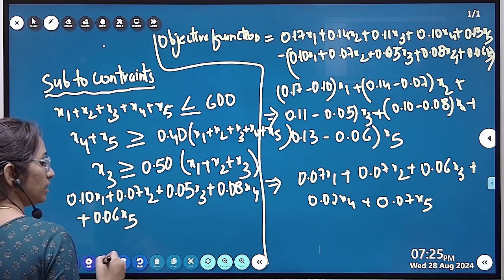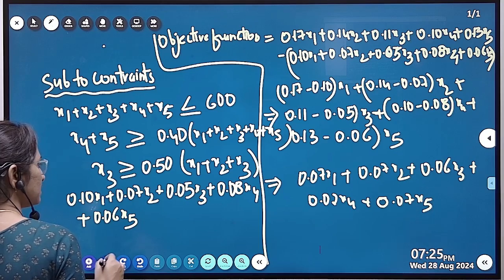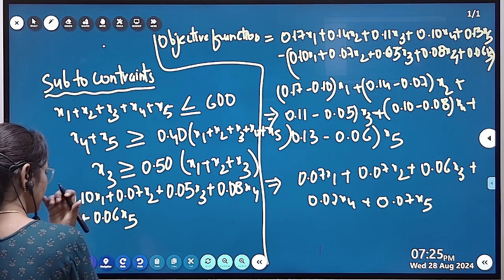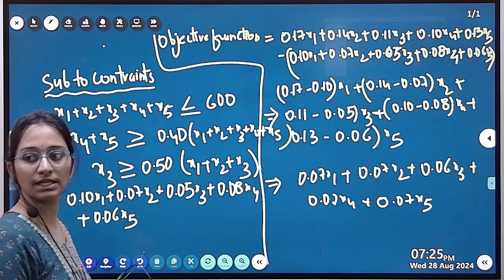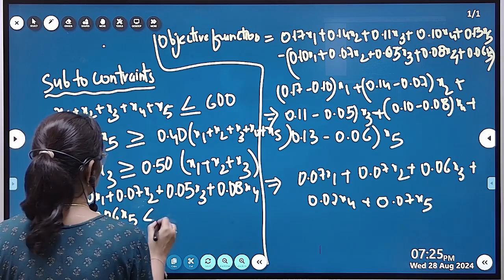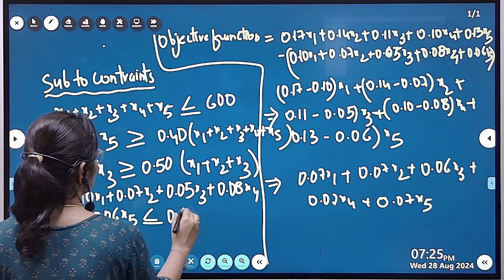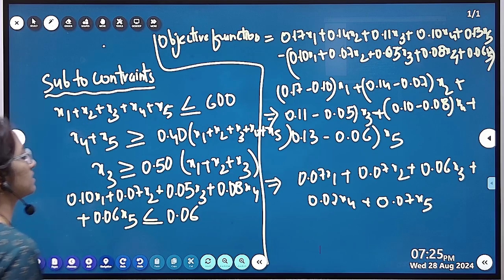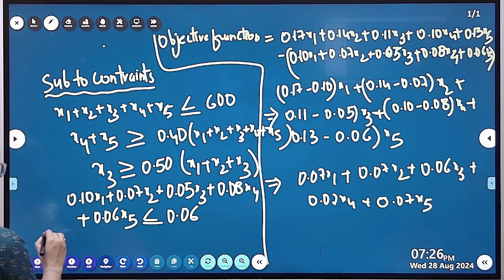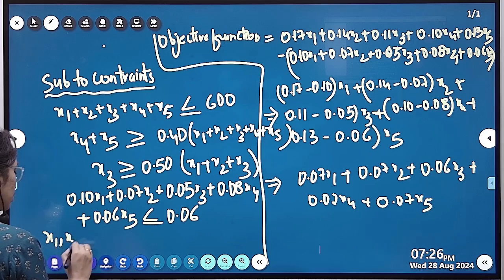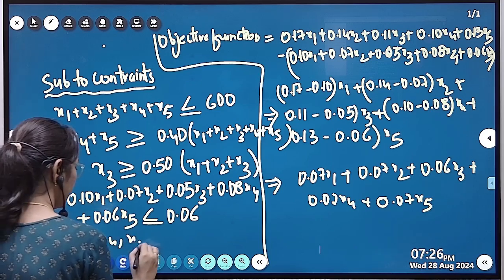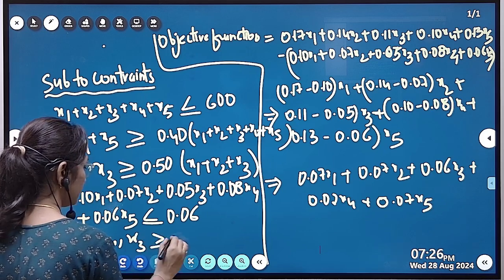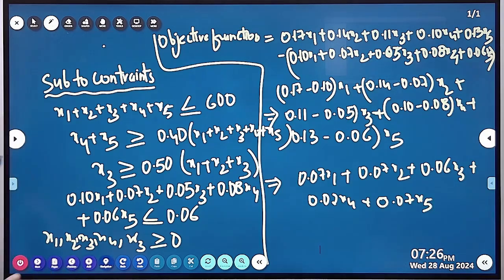Now tell me what you will get, greater than symbol or less than symbol. What the question is telling: may not exceed. Meaning less than, yes. Less than or equal to 0.6. So here x1, x2, x3, x4 and x5 should always be greater than or equal to 0. Okay, clear?